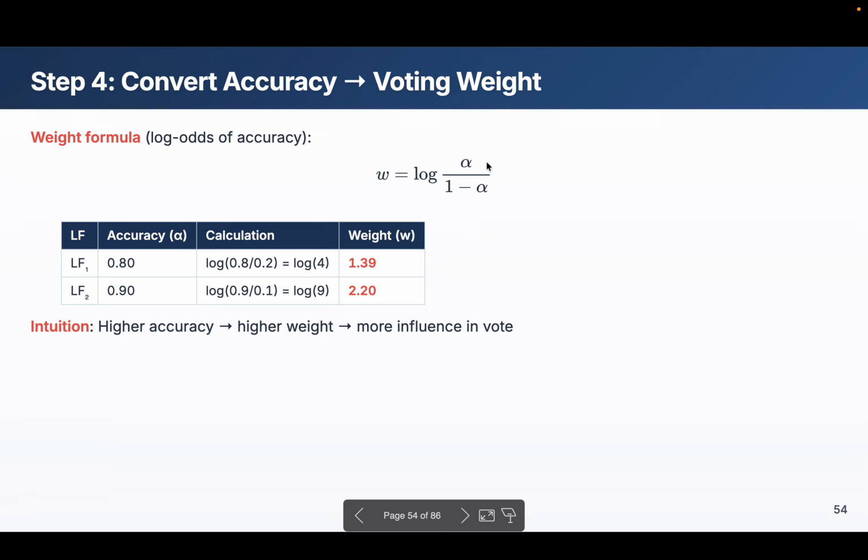So, if alpha is more, which means that my labeling function is more accurate, it means that I should give it more weightage, right? That function should be given more weightage while deciding what is the overall correct label. So, that is how we will be ending up using this weight factor.